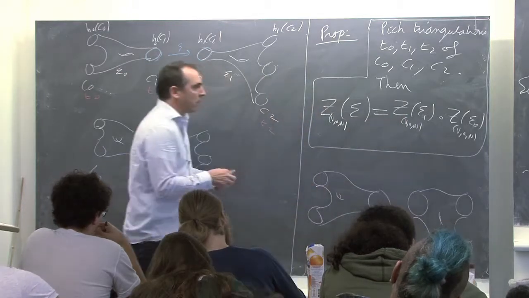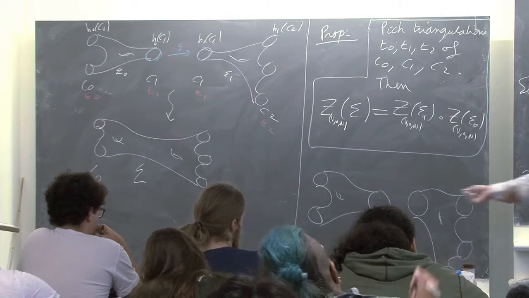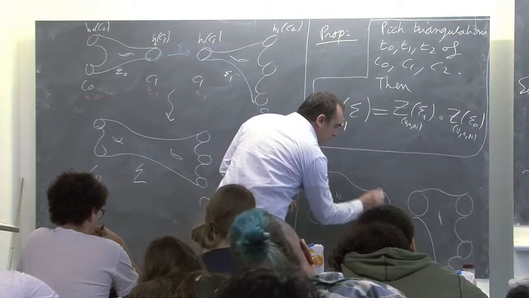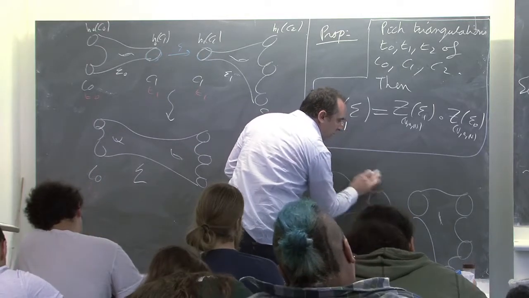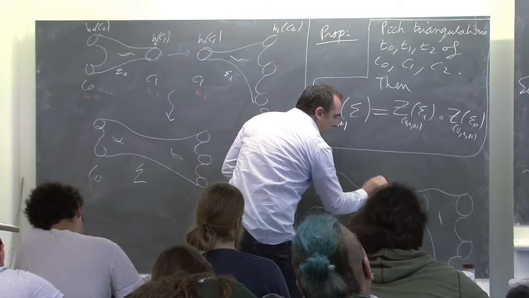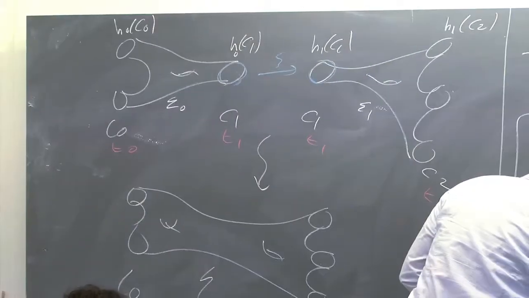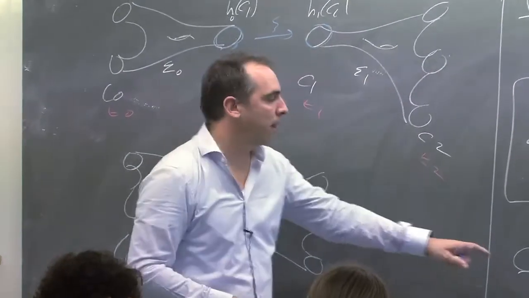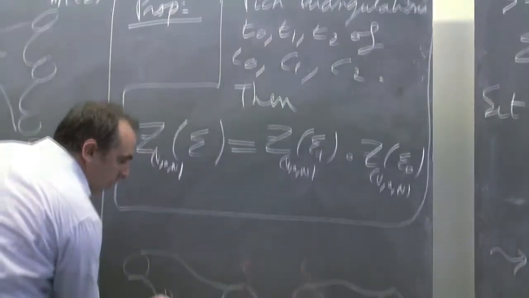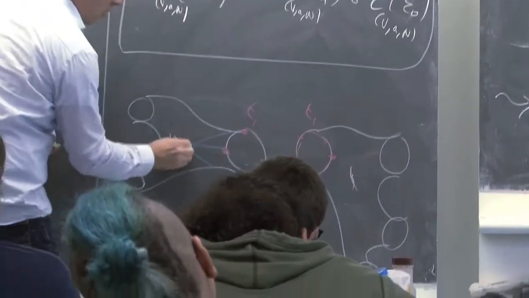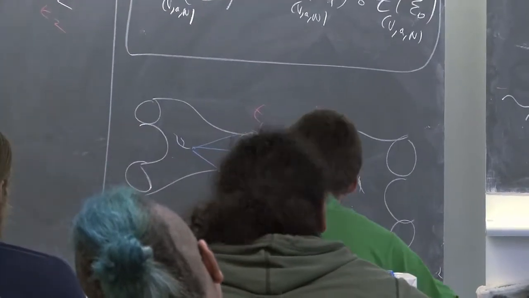Okay, so you have the same triangulation of T1. So the triangulation H0 corresponds to T1. You pick a triangulation of the surface which extends the triangulation, and you look at the construction.